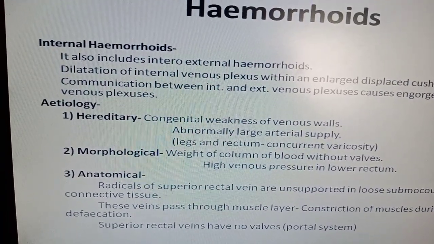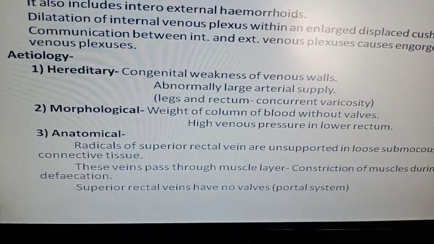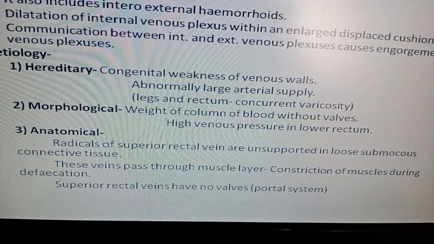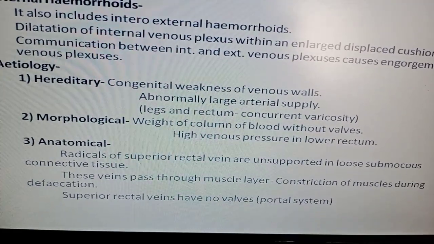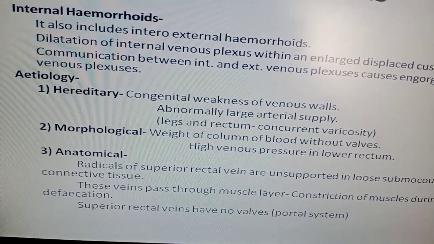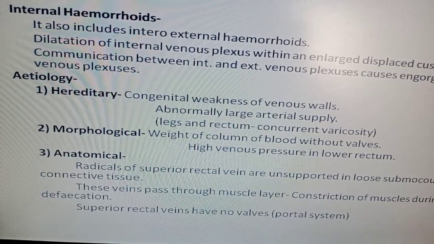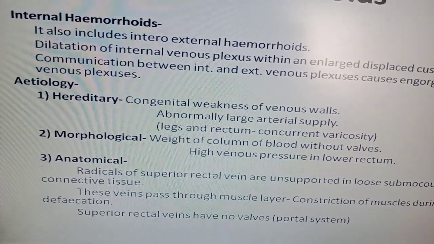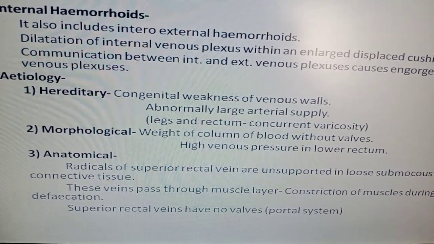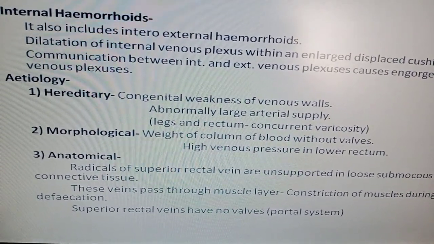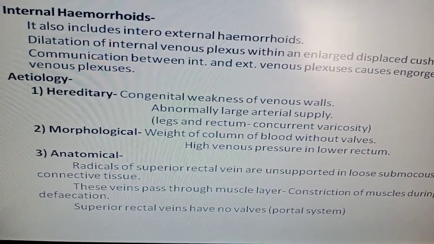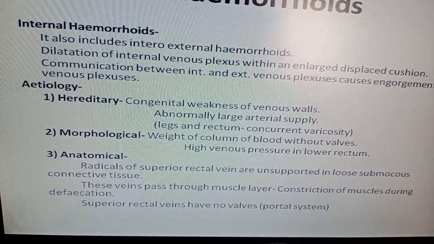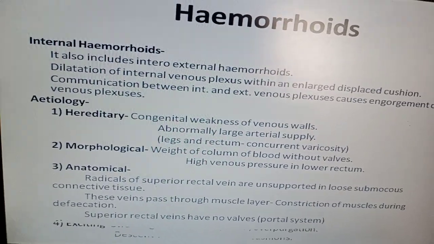So, because of contraction of the muscles, it will mechanically compress the tributaries while passing through the muscular layer, and because of this the pressure will increase in the part of the vein that is in the submucous layer. Where there is no resistance, it will undergo dilatation and protrude into the mucosa. And the superior rectal veins have no valves, as I told you, because they are part of the portal system, and that's why there will be increased pressure in the submucous part where the veins will dilate easily.